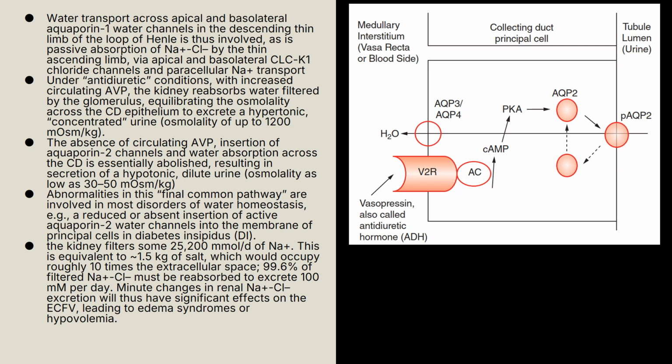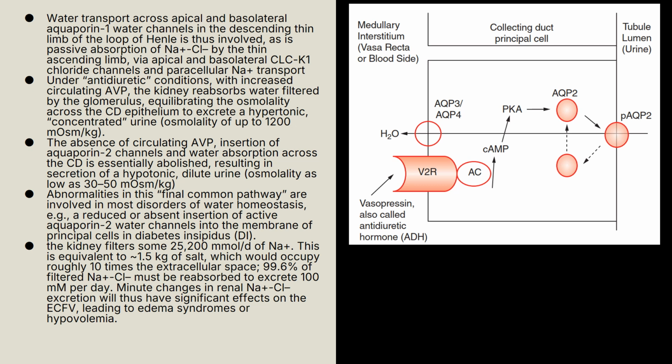And basically, what happens is that we don't have this transport mechanism, and thus the urine carries on with a large amount of free water, leading to a low osmolality urine.